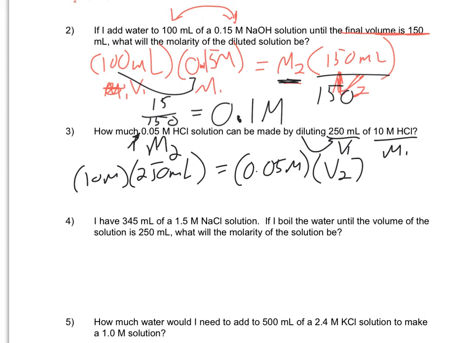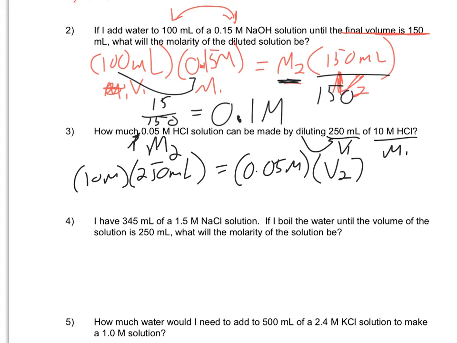So the number we get for V2 should, first of all, be bigger than 250, right? Because it's 10 molar at 250 milliliters. In order to get it down to 0.05, way less than 1 concentration, we have to dilute it, make it much, much more volume. So we should get a pretty big number here.